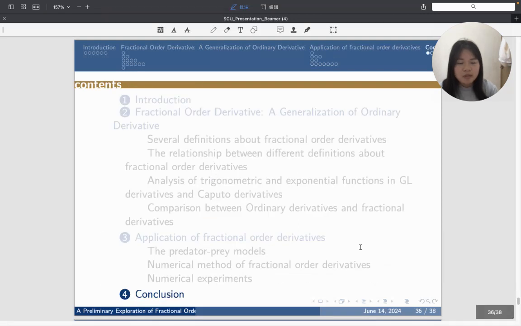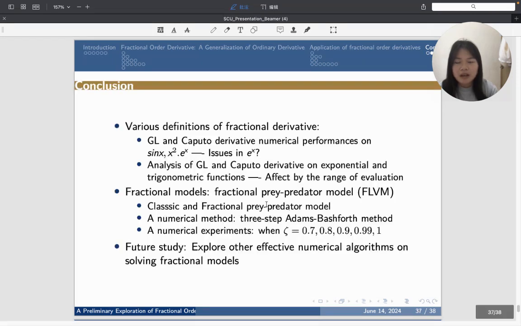At the last, I would like to draw a brief conclusion about what I have done in this project. At first, I studied various definitions of the fractional derivatives. I mainly studied the GL and Caputo derivatives and studied their numerical performances on sin x, x squared, and exponential e^x.